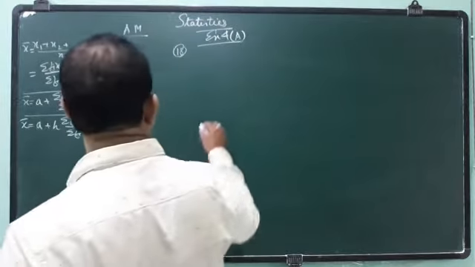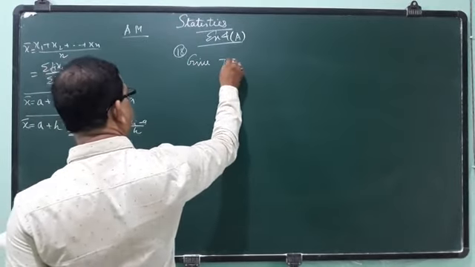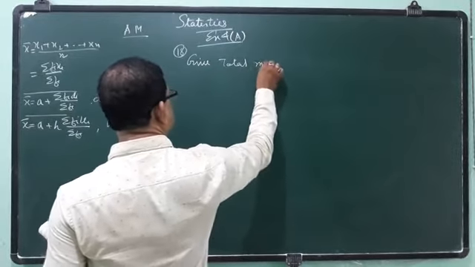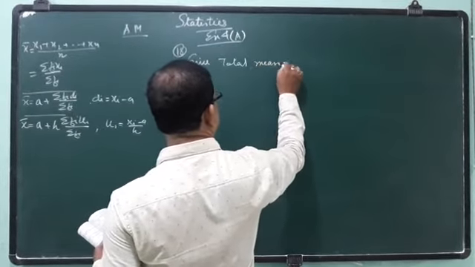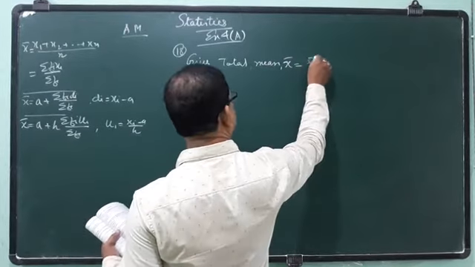So what they have given? Given total mean, suppose it is x bar, that is 500.